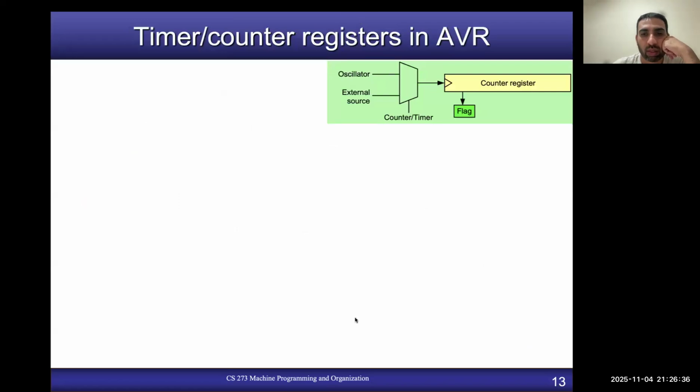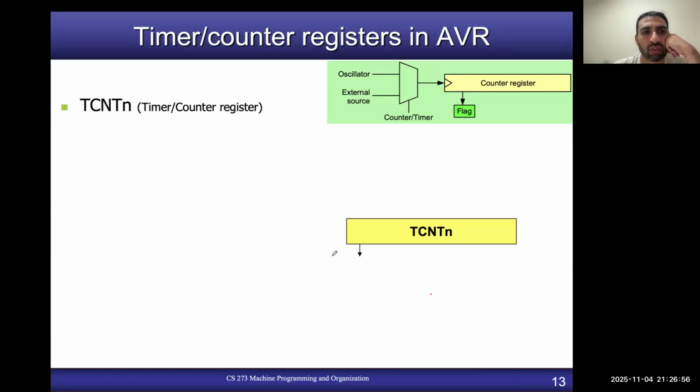Okay. So let's now talk about the timer or counter related registers in the AVR microcontroller. And when we say AVR microcontroller, here we basically mean Atmega 328P, not other AVR microcontrollers. The first register is the timer or counter register.